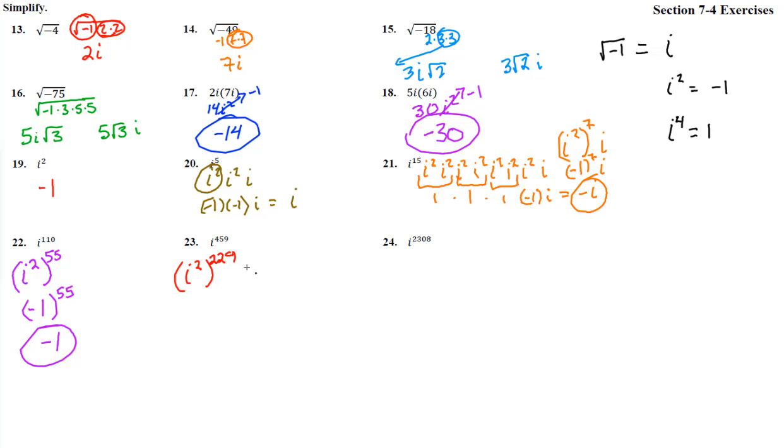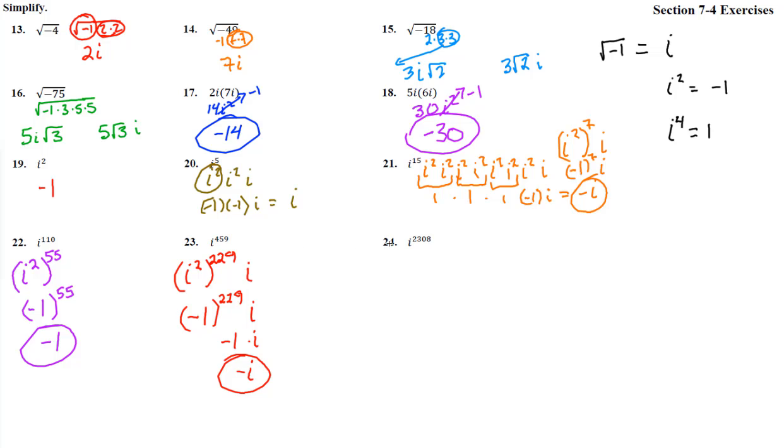That's 229, but then you also have 1 i left over. So 2 times 229 is 458. So notice I've accounted for all 459 i's here, but we did it in such a way because we know what i squared is. This is nice. i squared is negative 1, and that simplifies down over and over and over again. Negative 1 to an odd power is negative 1 times i, which is negative i.